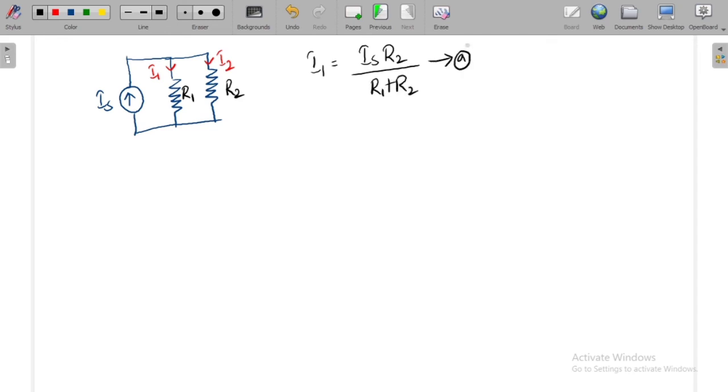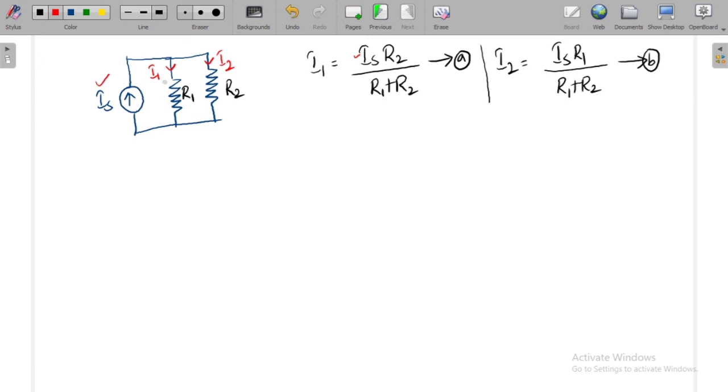Consider this as equation A. As the second equation, consider I2 as Is times R1 divided by R1 plus R2. Consider this as the second equation B. Now see, Is is the total current, where I1 and I2 are the currents flowing through R1 and R2.